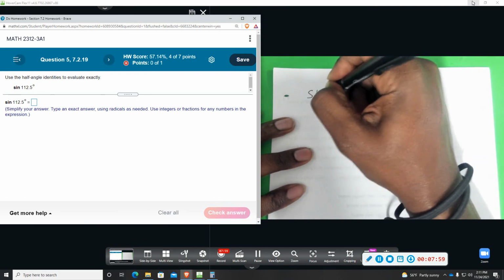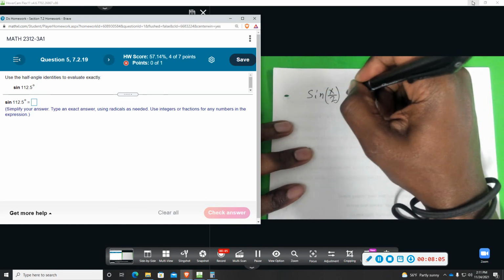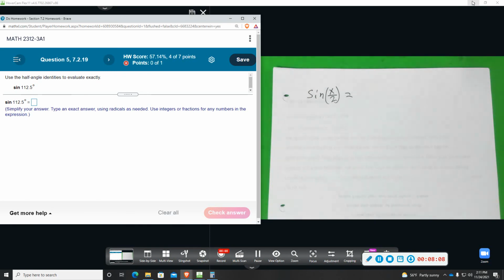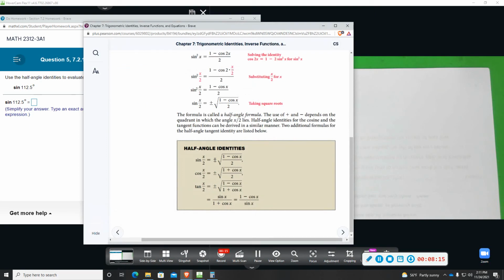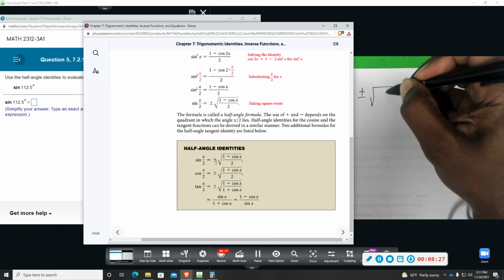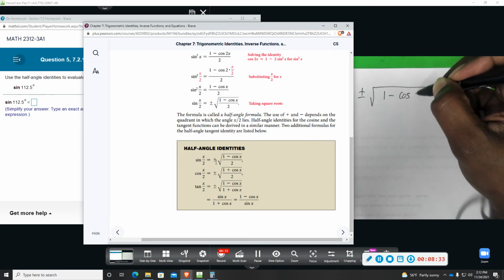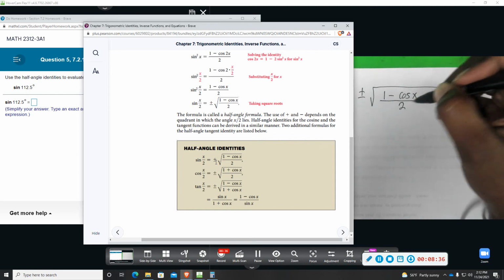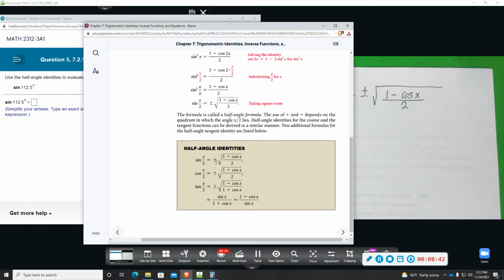Sine of the angle, they're doing x over 2, equals plus or minus, positive or negative, square root of 1 minus cosine x over 2. So this is what they give us here.